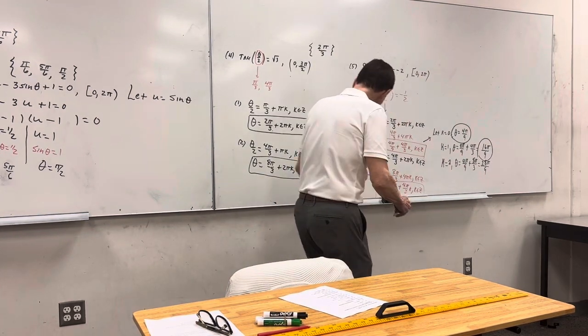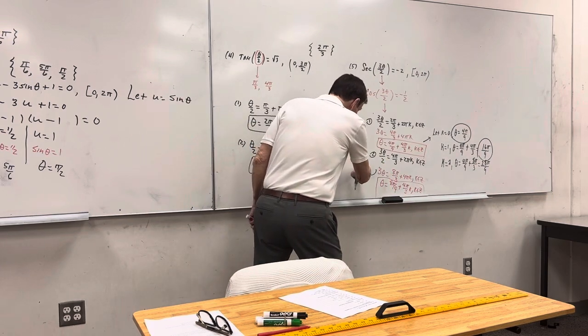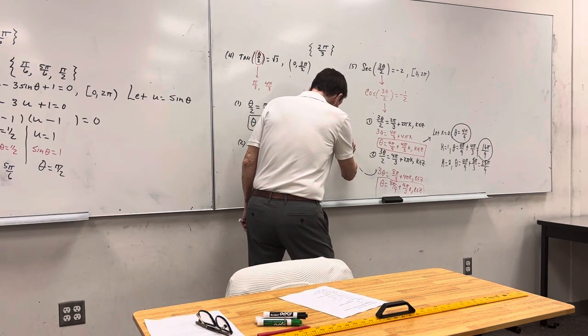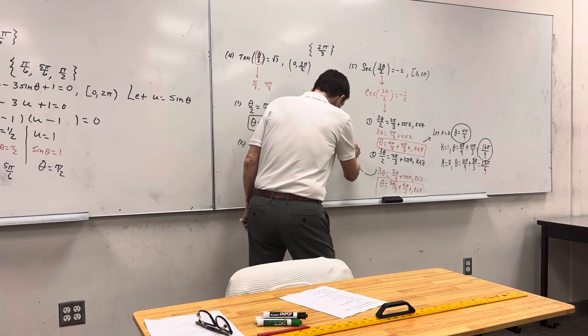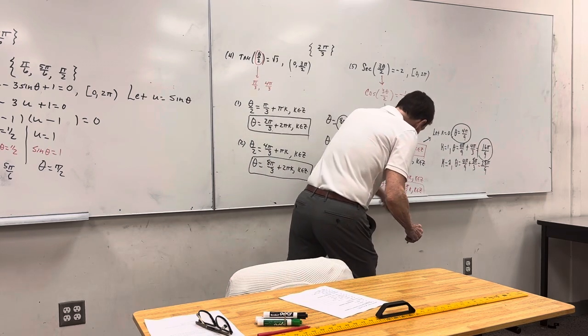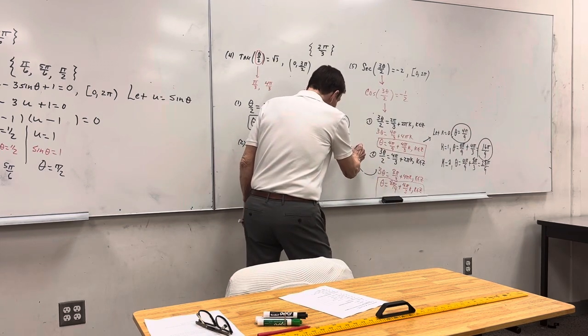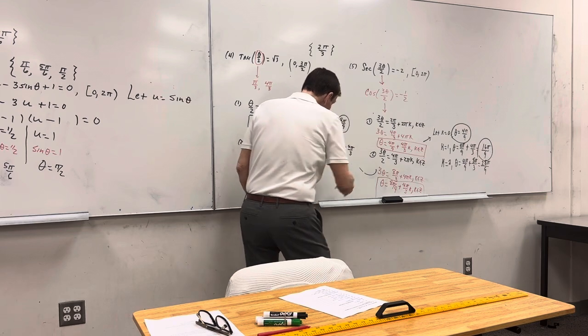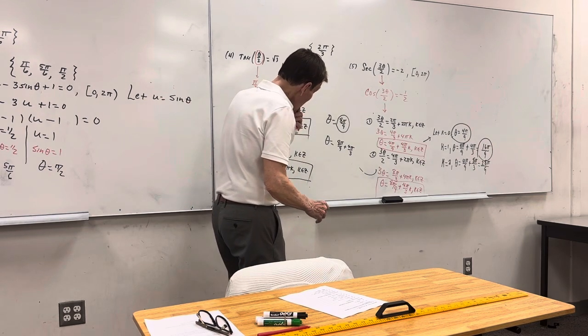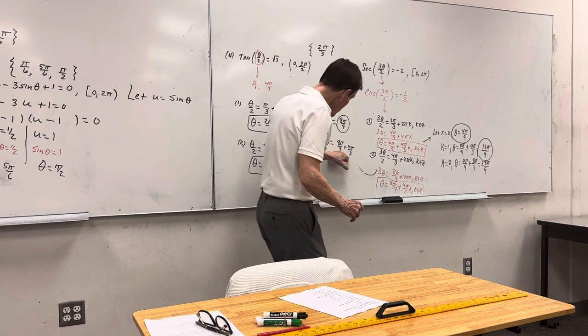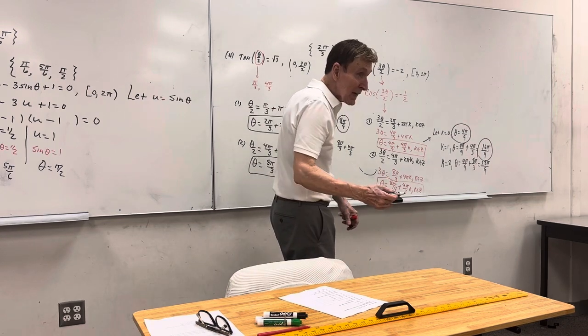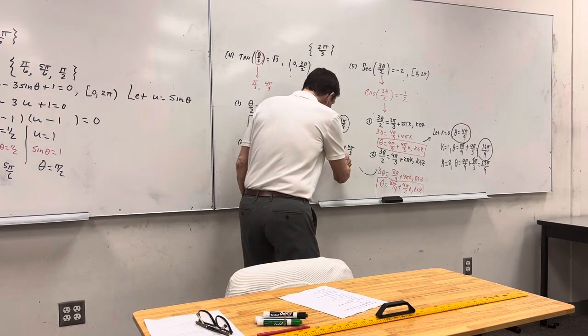Now let's try the next one. k equals 1. That's where we've got to be careful. 8 pi over 9, let me make sure, plus, put a 1 there, it's 4 pi over 3, 12 pi over 9. I got a 9 here and a 3 here. 12 plus 8, 20. Yeah, 20 pi over 9.